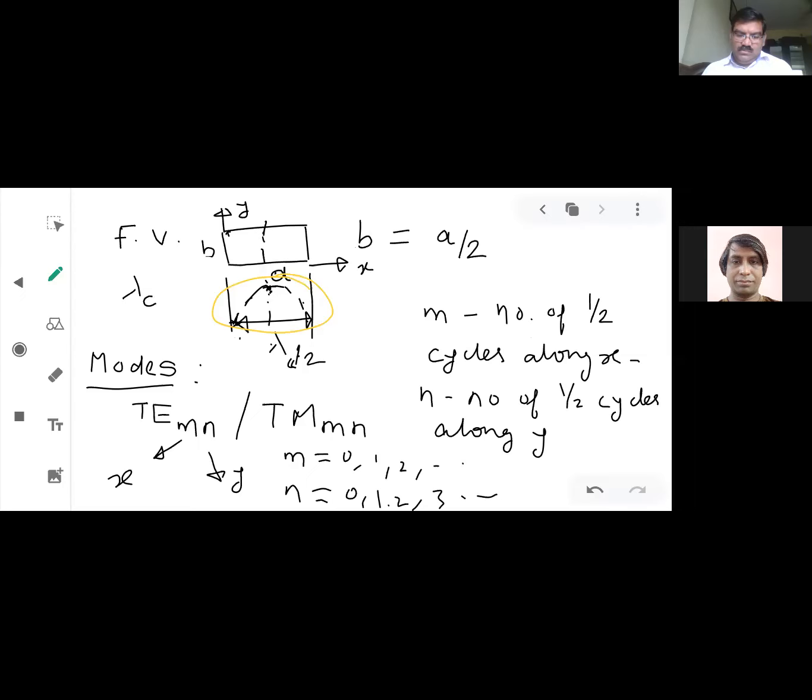Okay, these two, number of half cycles, will decide what kind of mode is there. So let us understand what TE is and how it is different from TM, and after that M and N. So that will cover the idea about the waveguide.